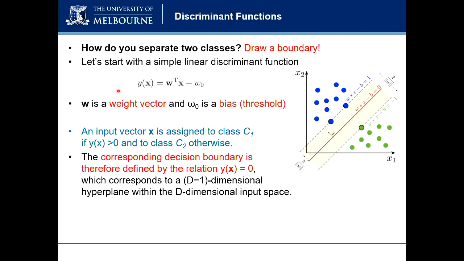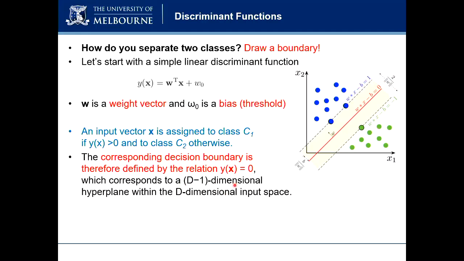So that's the function. An input vector is assigned to class C1, maybe the blue dots, if y of x is positive, and to class C2 if y of x is negative. And if y of x is 0, then you are exactly on the separating surface, which is the indeterminate case. This is a really nice figure that exactly says this.